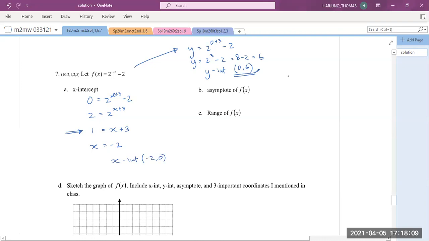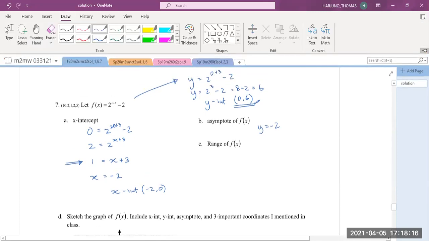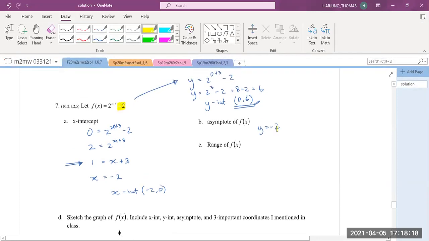The asymptote is y equals negative 2, which we get from here. That's the exponential function whose horizontal asymptote originally is y equals 0, and then you move down 2 units.